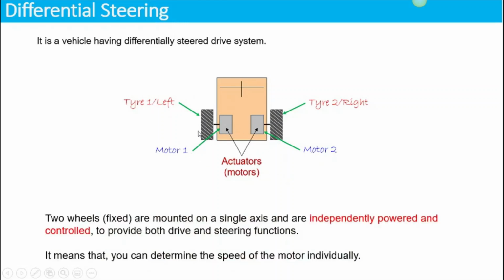So when these two wheels are fixed or mounted on a single axis and are independently powered and controlled by different motors, providing both driving and steering functions to that mobile robot, it means that you can determine the speed or velocity of each motor individually.